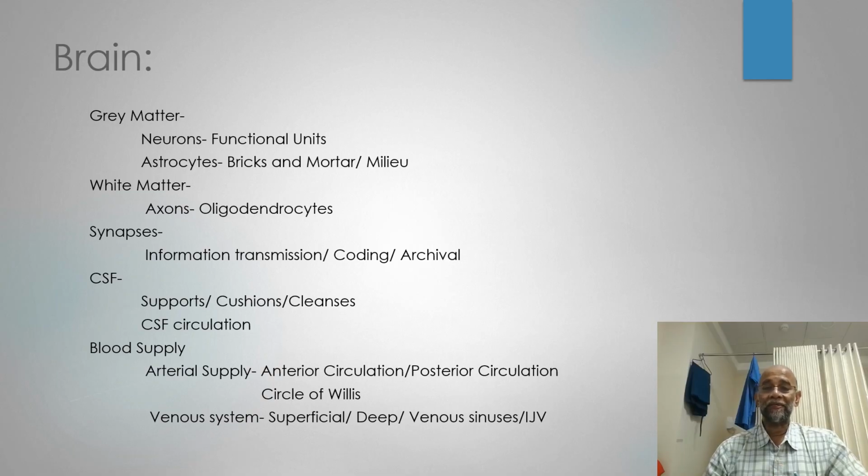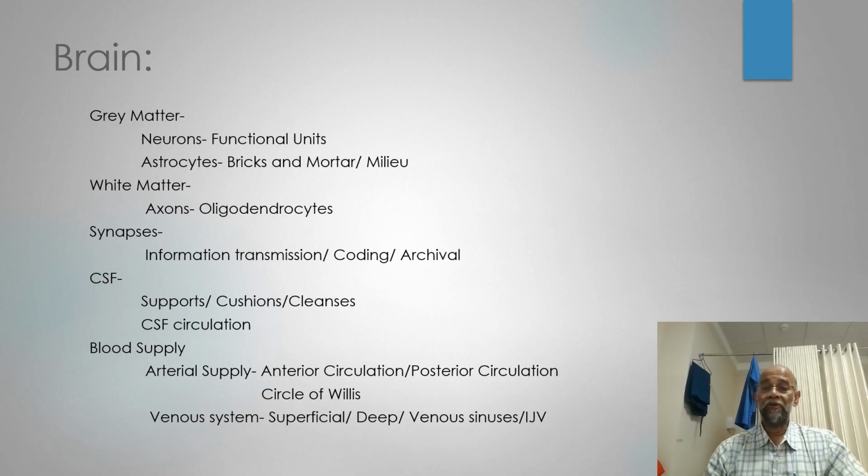These prevent lateral transmission from the axons. Synapses, where neuron meets neuron through the axon or dendritic synapses, are points of information transmission. They are also very important in coding of information and also in archival, because finally information is saved initially in the synaptic maze.